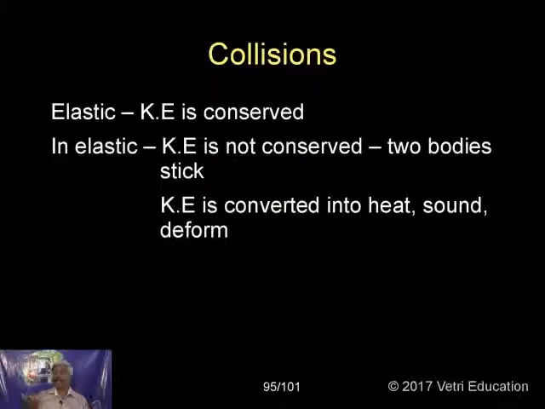Otherwise, take an iron ball and throw it on a sand floor. It can't rebound, because the kinetic energy changes. Such a collision is called inelastic collision. Rubber ball on the wall is elastic; the iron ball on the ground cannot rebound because its kinetic energy changes. That is called inelastic collision.